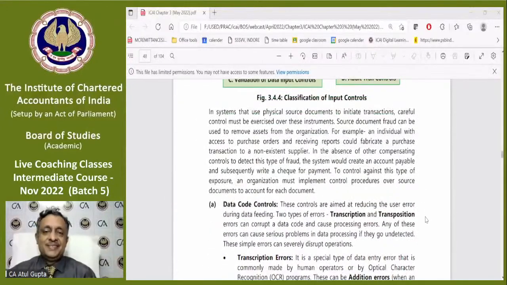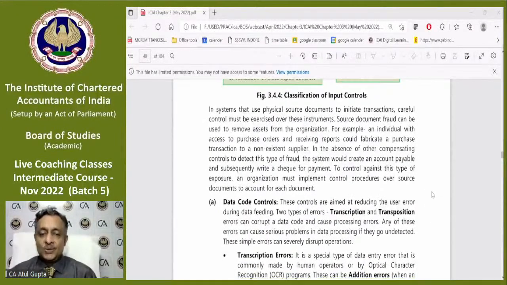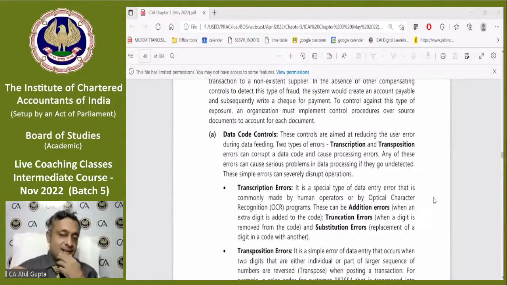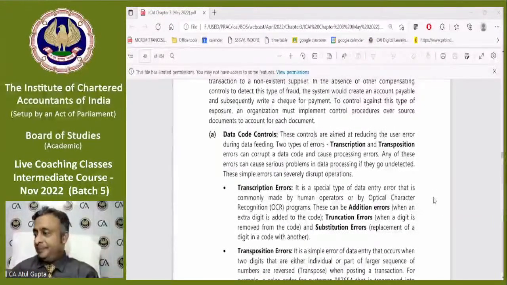This includes data coding controls. So, okay. I would prefer this to be shown on Word. Okay. So I'll just bring my Word document.